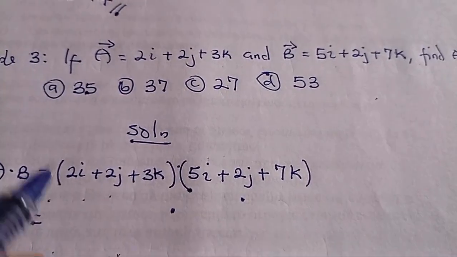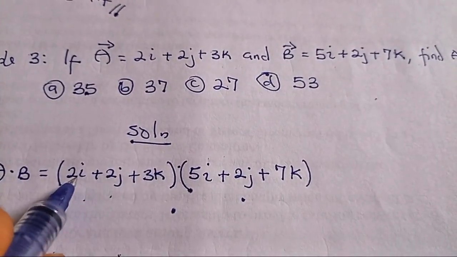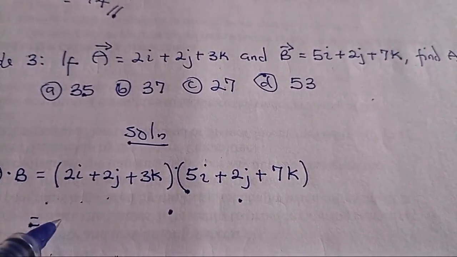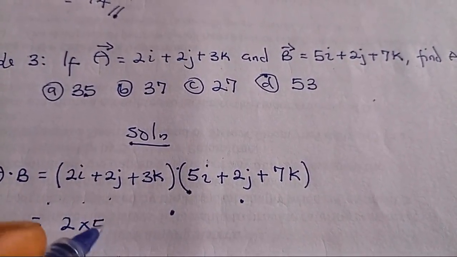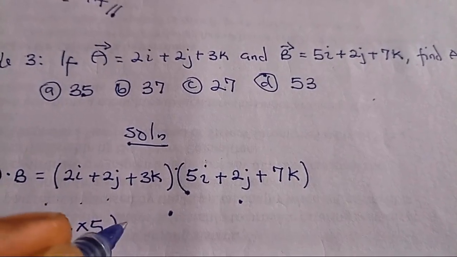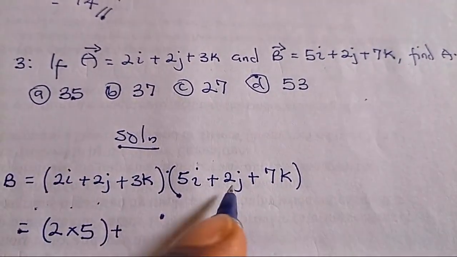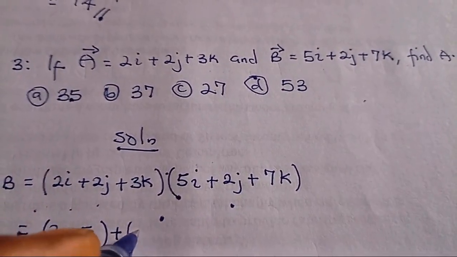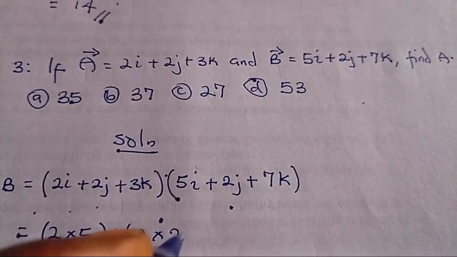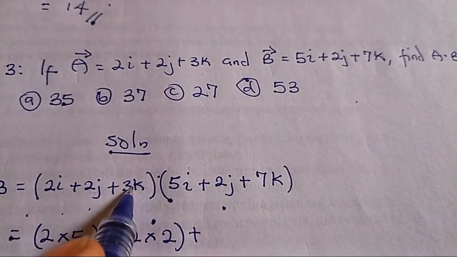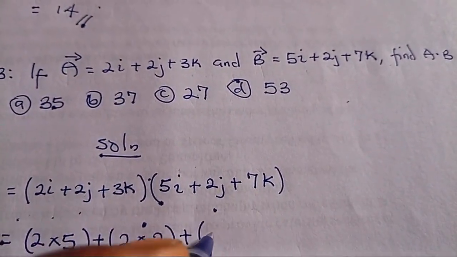This is equal to, component by component, we are going to have 2 multiplying 5, 2 times 5, plus 2 times 2, plus 3 times 7.